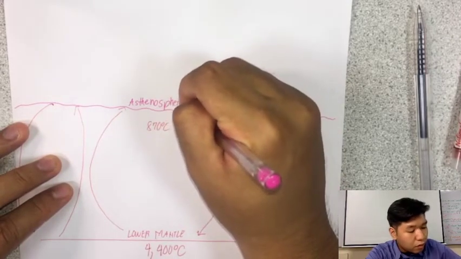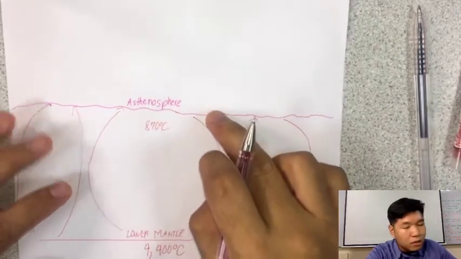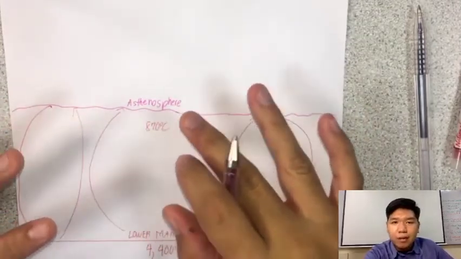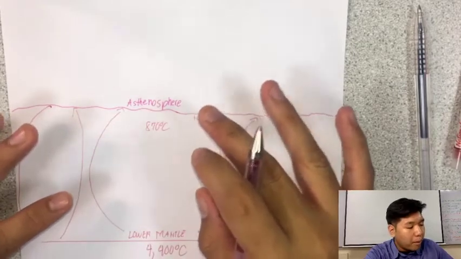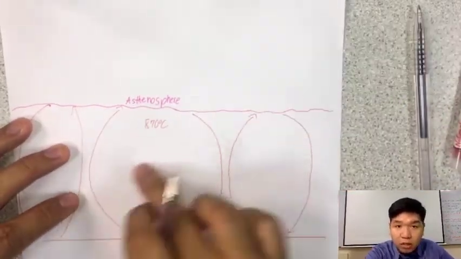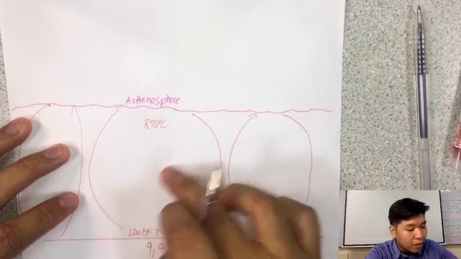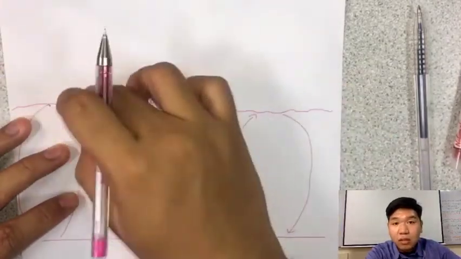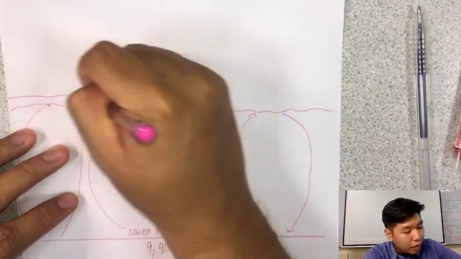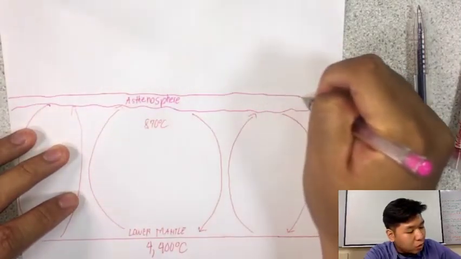Now this layer here is a very, very fluid layer, almost liquid-like, and this is what is mainly influenced by the convection current in the mantle, and this is what moves the layers on top. Okay, now there is another layer here that is also part of the mantle.